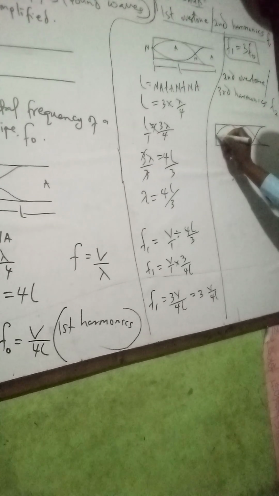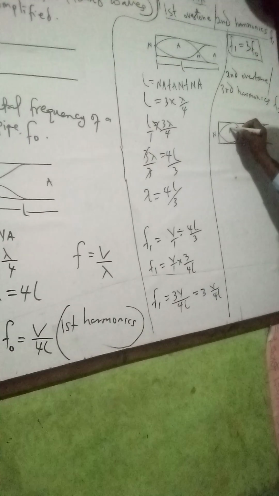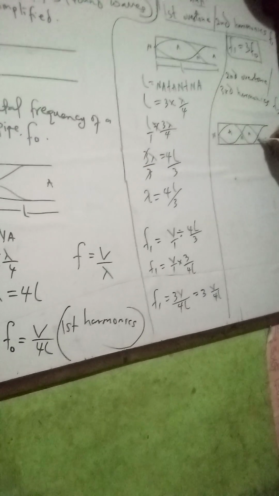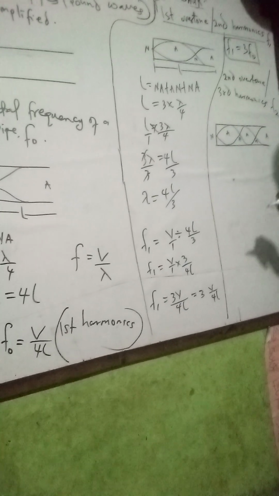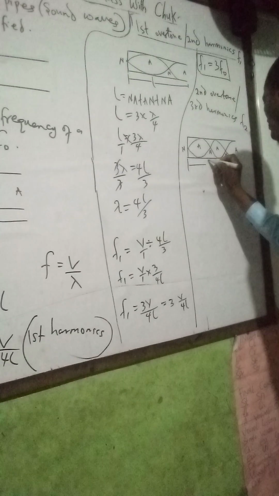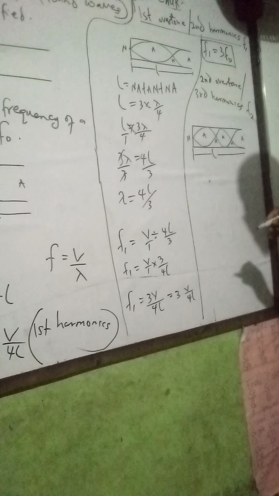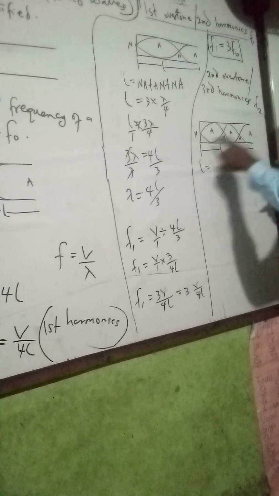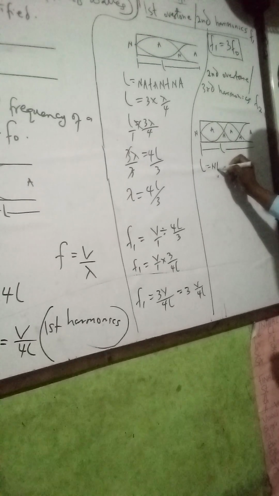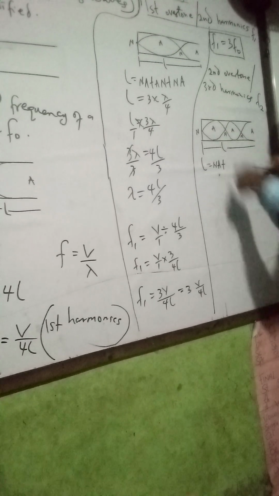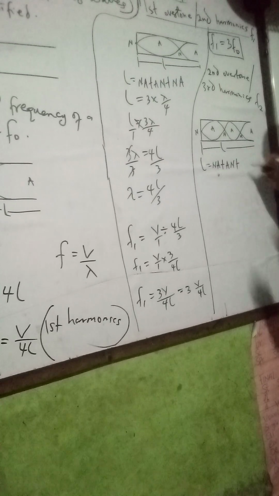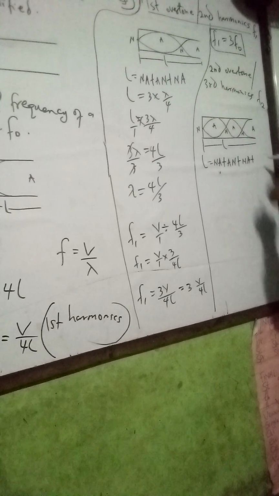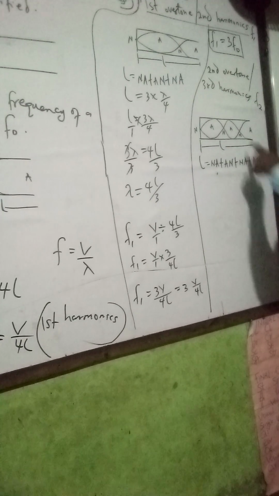So now this is the node, antinode, node, antinode, node, antinode. Now this is the length of the pipe. You get that? So the length L will be equal to, add everything here, NA plus AN plus NA plus AN plus NA.